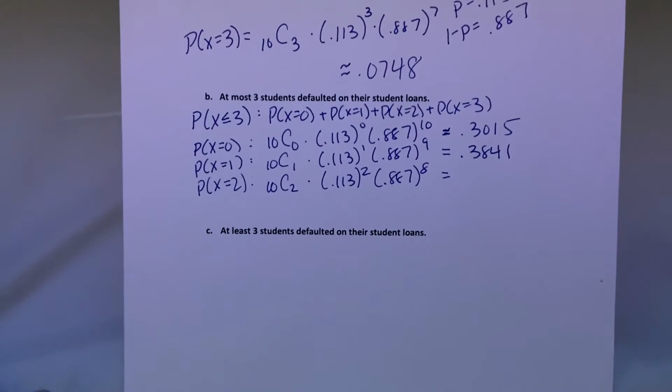And then 10 choose 2 times 0.113 to the second, times 0.887 to the eighth, is 0.2202.